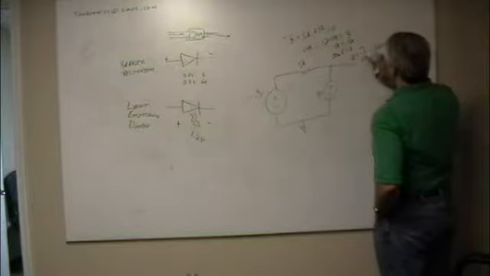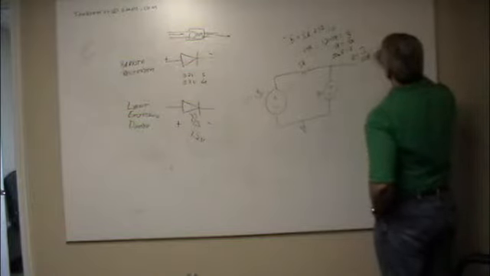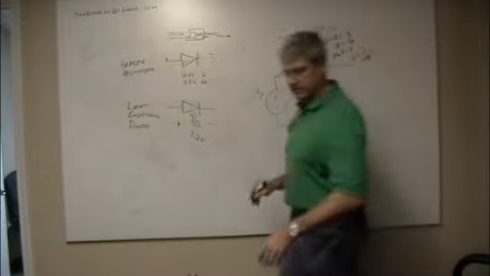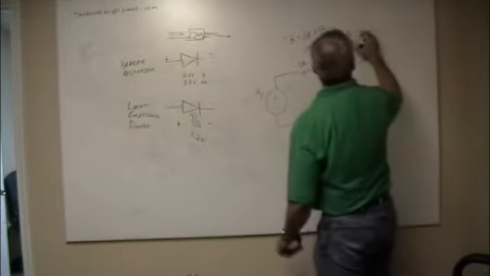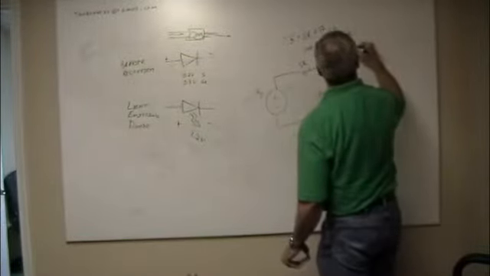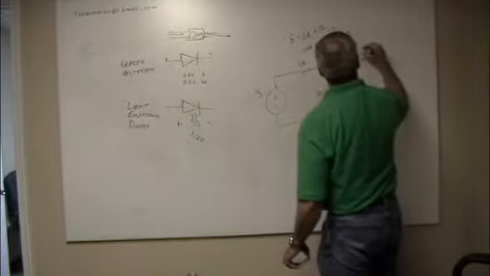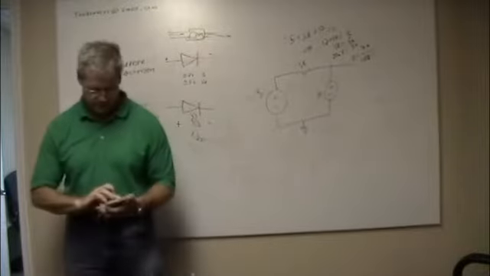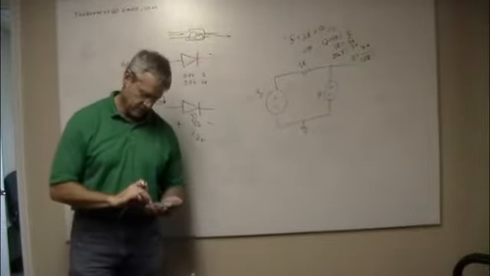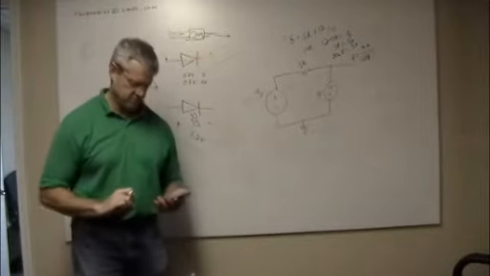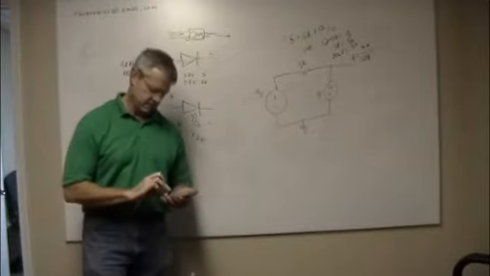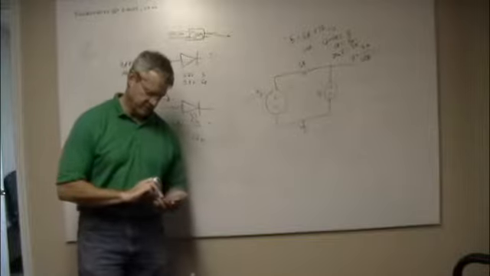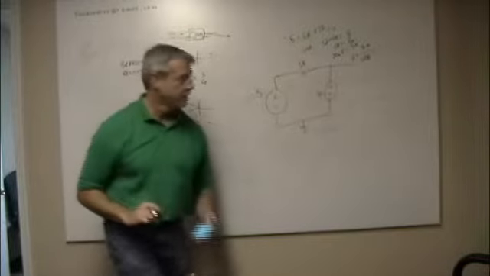So 3.8 divided by 0.02 equals, not times, 3.8 divided by 0.02 equals.